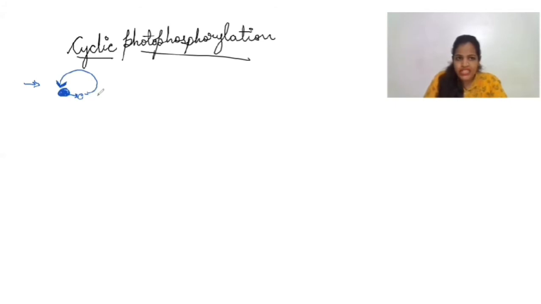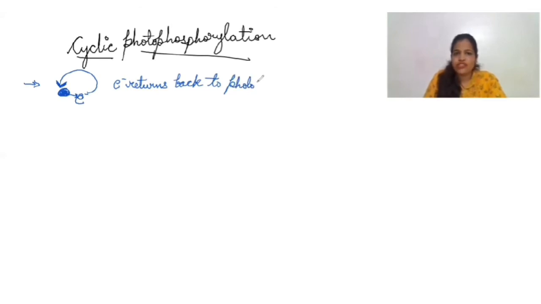So here a complete cycle is formed. Such kind of cycle is known as cyclic photophosphorylation. So we can say the first point: electron returns back to photosystem.